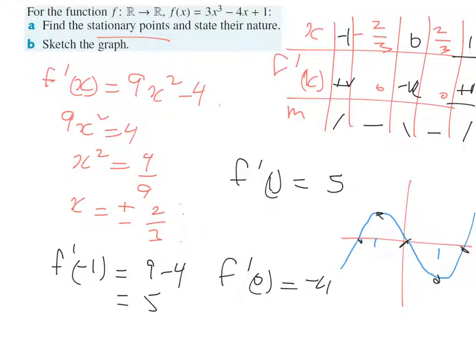Once we found our two values, we put them into a table. And then we choose values on either side of these. So I'm going to choose one which is less than negative 2 over 3, one which is more than negative 2 over 3. Coincidentally, 0 is less than 2 over 3, and then 1 is more than 2 over 3.